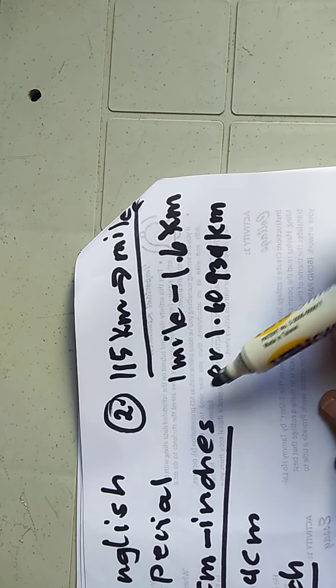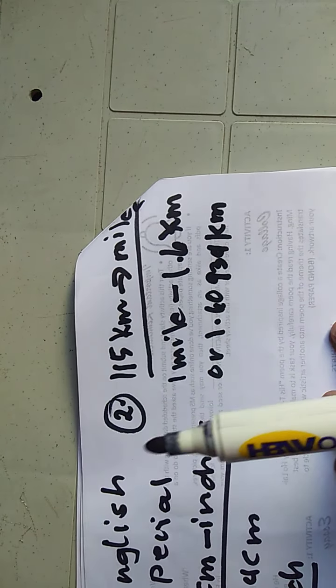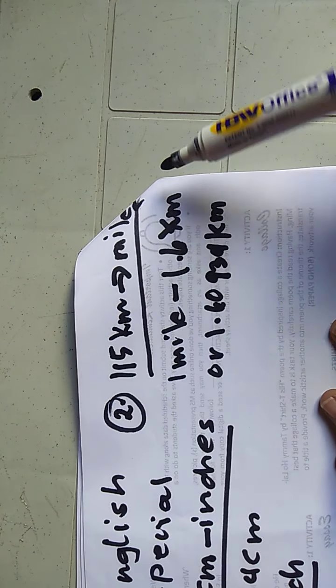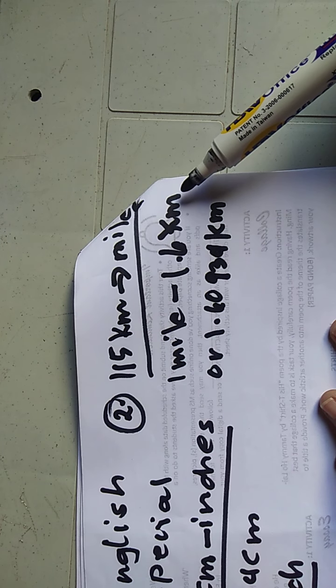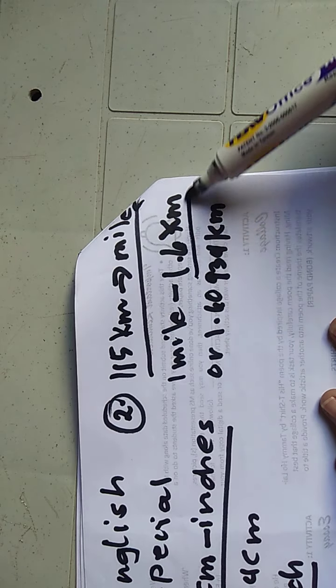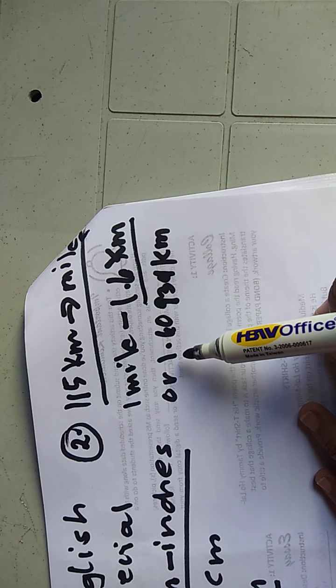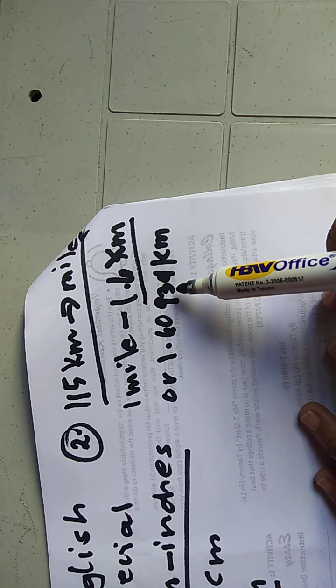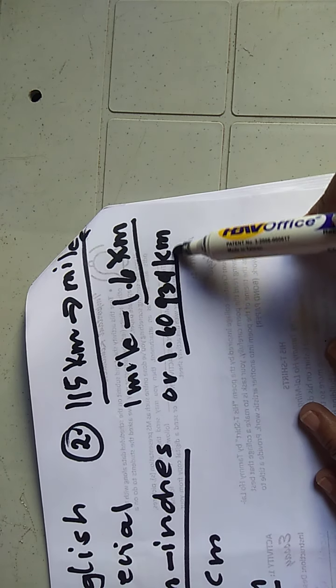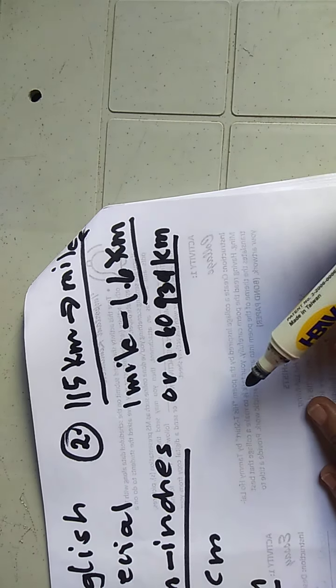So, 2 operation yung gagawin natin. Ano po? Pakita natin kapag yung 1.6 kilometer yung ginamit natin sa operation, anong kalalabasan. Then, kapag 1.60934 kilometer naman ang ginamit, ano ang magiging sagot?